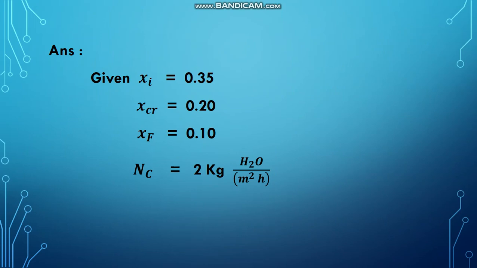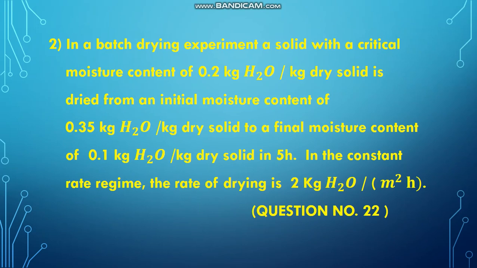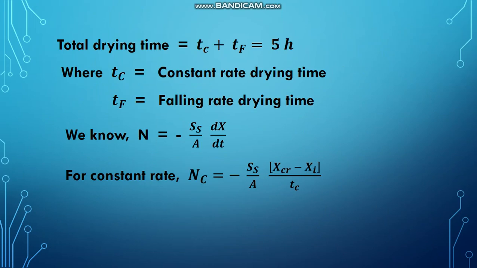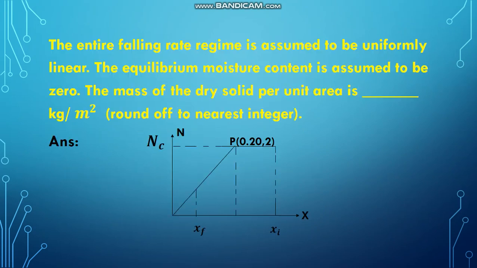So Xi is given as 0.35, X critical is 0.2, X final is 0.1, and Nc is the rate of drying, given as 2 kg H2O per meter square hour. The total drying time is Tc plus Tf, which is equal to 5 hours. Here Tc is the constant rate drying time and Tf is the falling rate drying time.